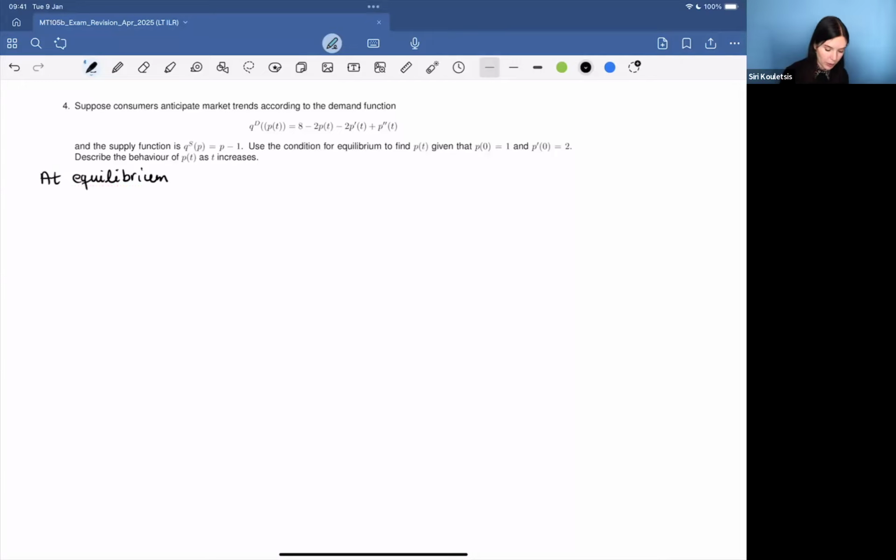Now we know that at equilibrium, we have QD of P of t equals QS of P of t.